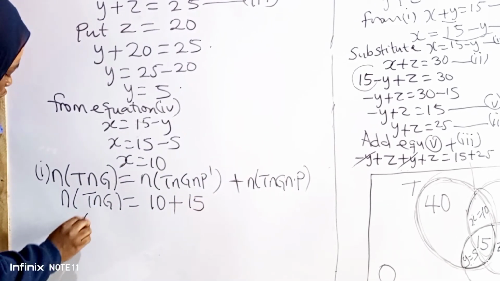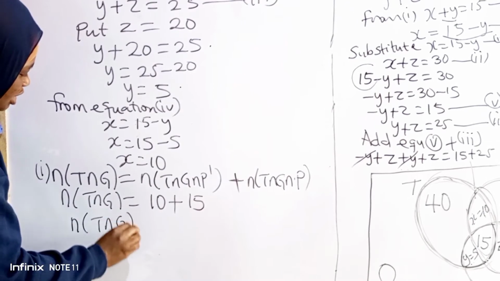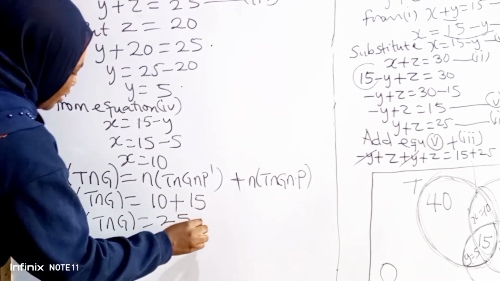So the cardinality of daily times and graphics is equal to 25.